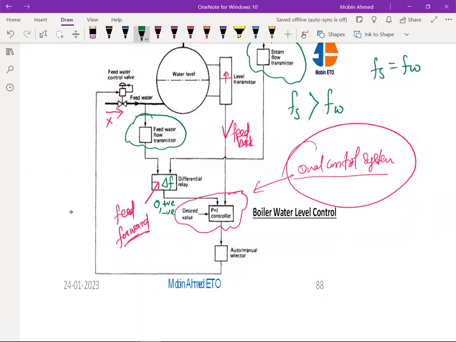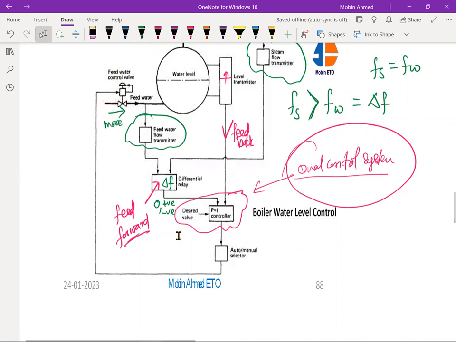Now Fs has become more than Fw, so there is going to be a difference of flow, and it will give the output in such a way that the valve will open further. The more it opens, the more it is going to fill up the drum water level. Okay, further.